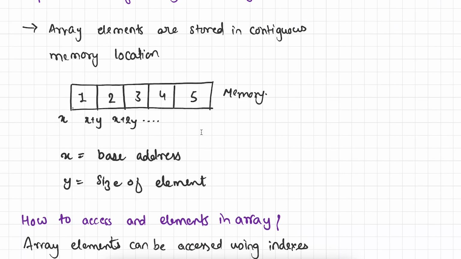Now what are x and y? x is the base address, which means it is the address of the first element of the array, and y is the size of an element. Integers are usually represented in 32-bit format, so here the value of y is 32. I will talk about x and y in a bit.